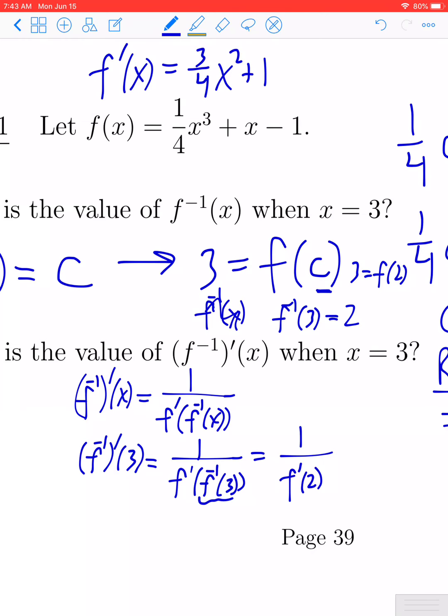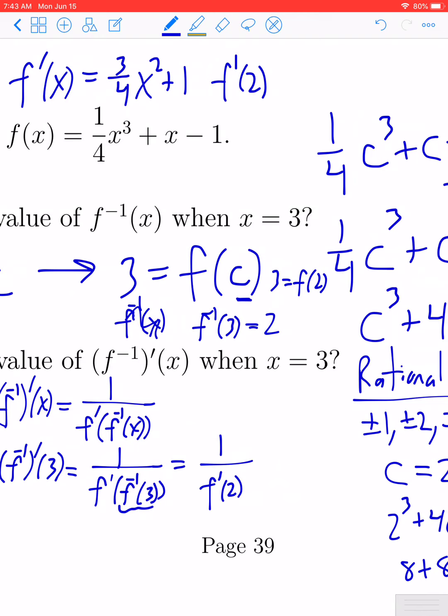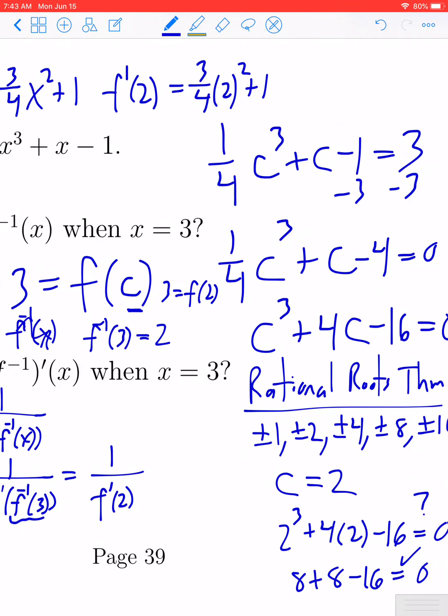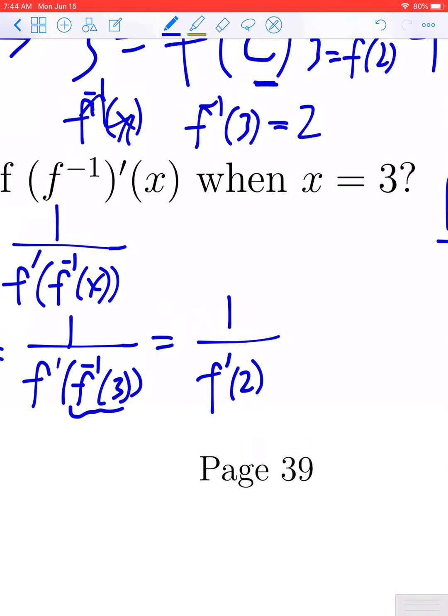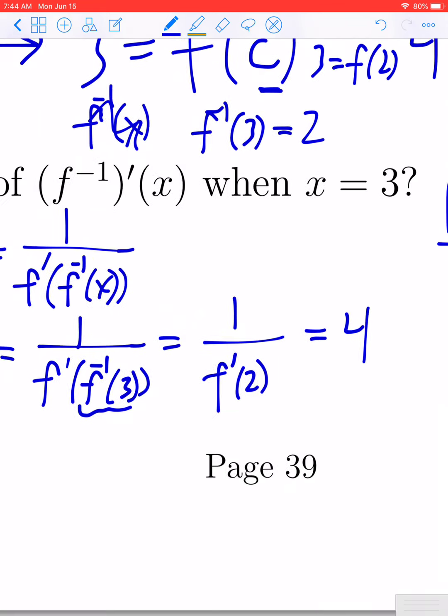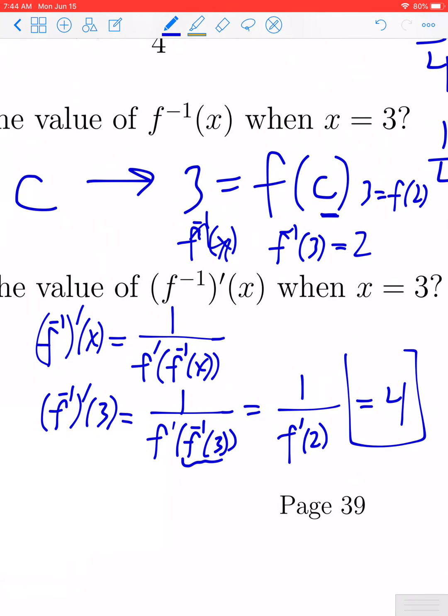And we need to evaluate that at 2. f prime of 2 is going to be equal to 3/4 times 2 squared plus 1, which is going to be equal to 3/4 times 4 plus 1. 3/4 times 4 is 3, and then 3 plus 1 will give us 4. So there we have it. The inverse function evaluated at 3 would have a derivative equal to 4.